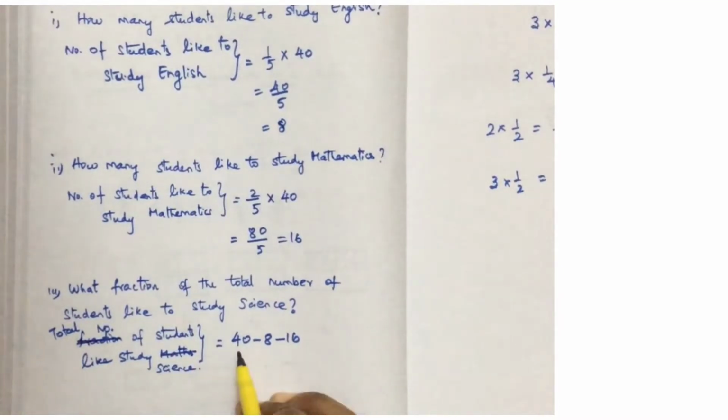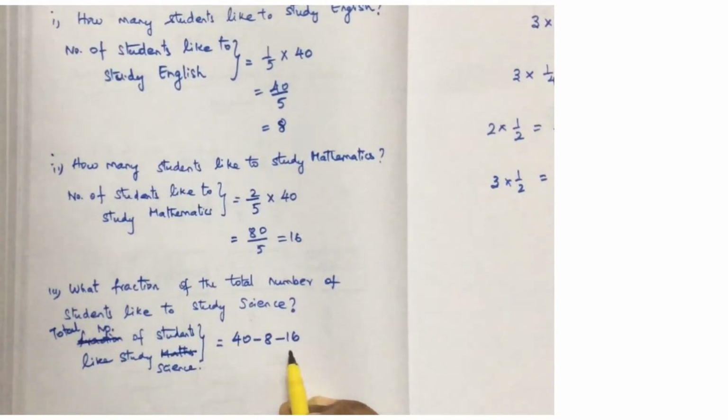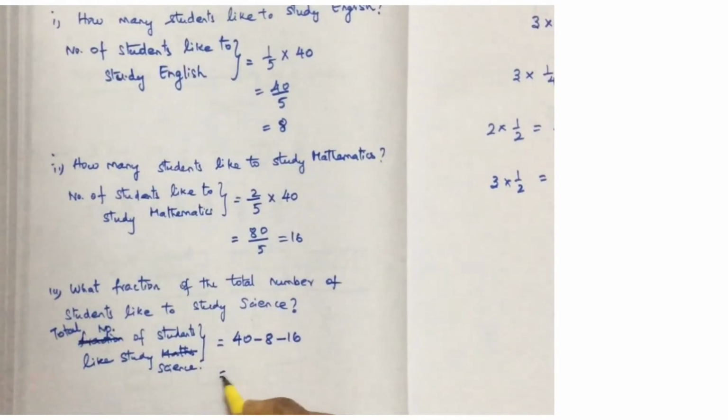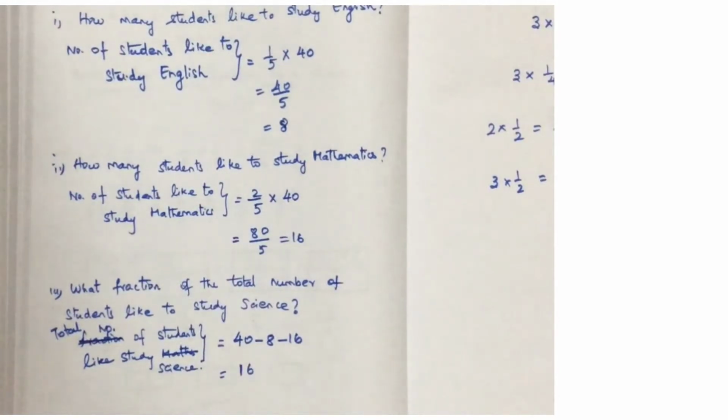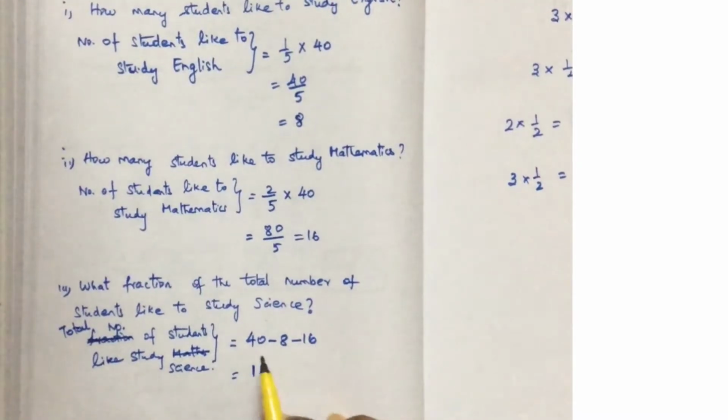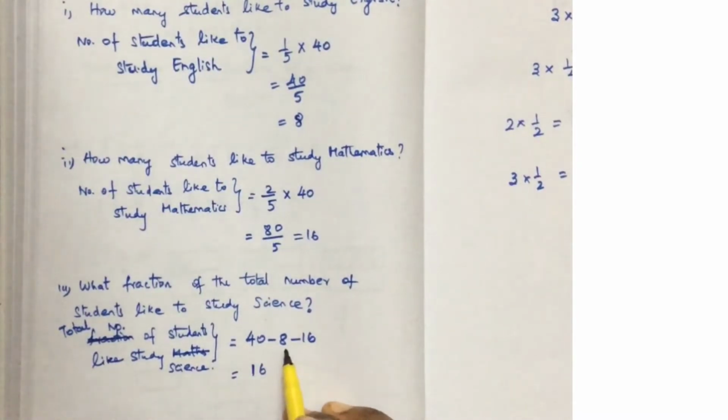So 40 minus 8 minus 16, if you calculate this, that is 16. So 16 students want to study science. Here 40 minus 8 is 32, 32 minus 16 is 16.